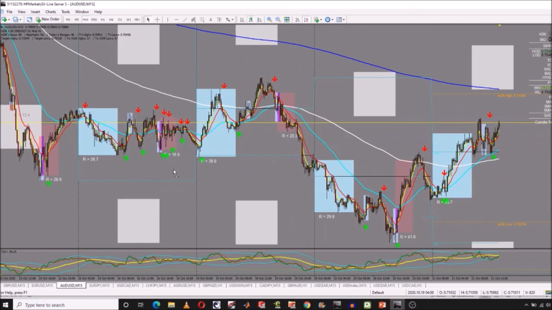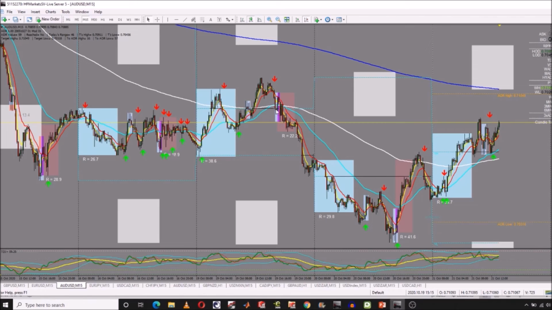So the first thing is, from the blue box, which is the Asian session, we have these gray boxes. It's actually marking the session changeover. This is basically a session changeover marker, and the London session is colorless.